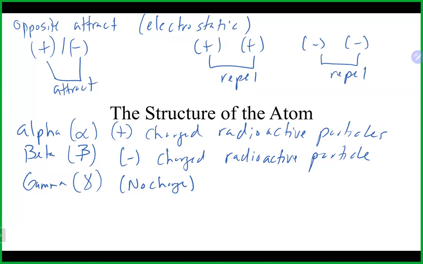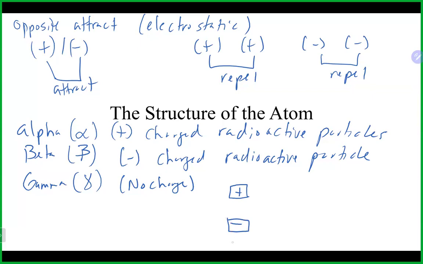Now, this idea of opposites attract and using some of these radioactive particles is really important when we think about an atom that has particles that do have charges. So they're able to explore what is going on with those charged particles within the atom. They also can use things like an electrical field and a magnetic field to do so. An electrical field, for example, has a positive side and a negative side to it.